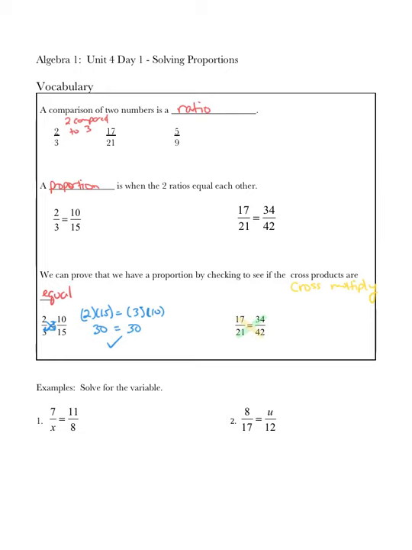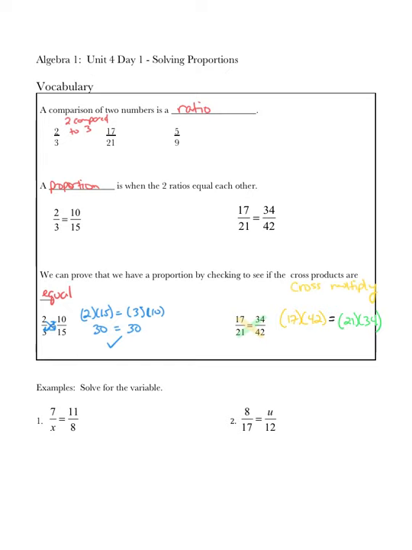So let's do, again, I'm going to do it the way I just do it, which is 17 times 42. I use parentheses instead of a multiplication sign. 21 times 34. Now I'm going to get my handy dandy calculator out because there is no way I can do this in my head.